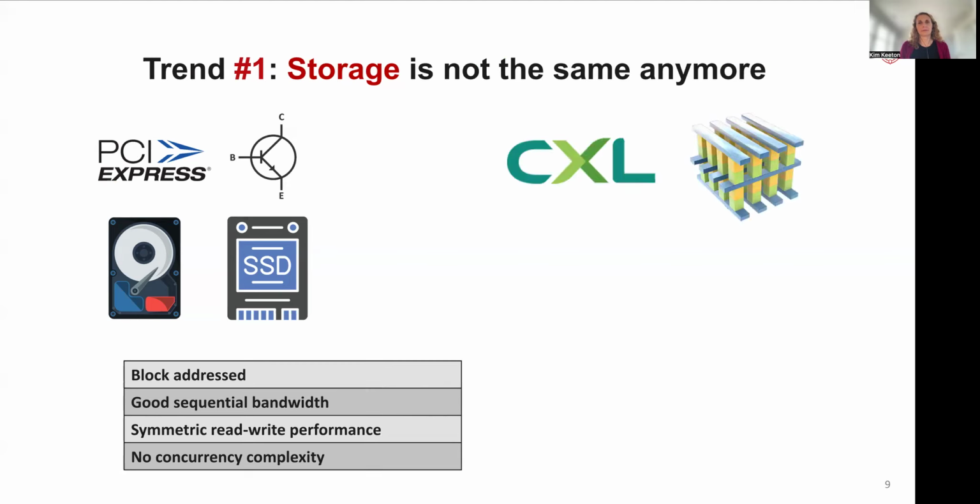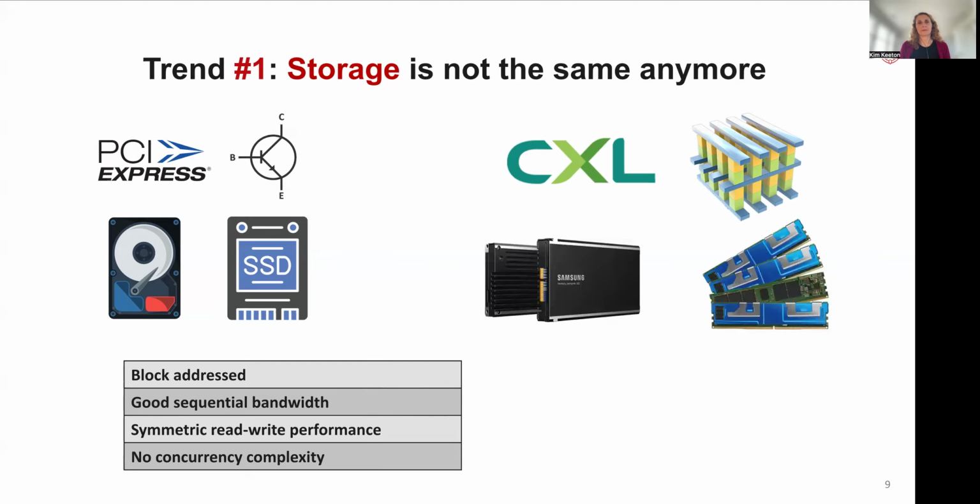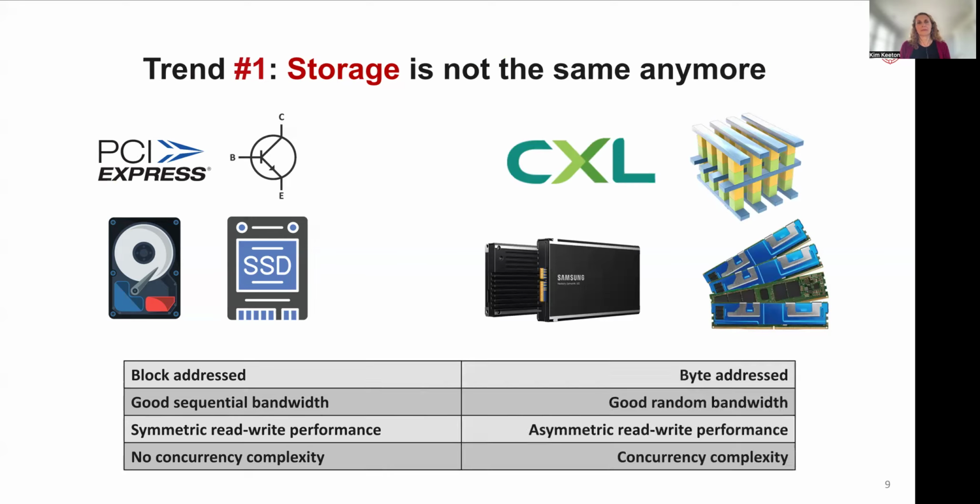But there are new storage devices on the market now, like CXL or 3D Xpoint, and people are adopting them and building experiments on them, and they fundamentally have different properties. They are byte addressed, they have really good random read bandwidth, and there's this nature of asymmetric read-write performance on them.